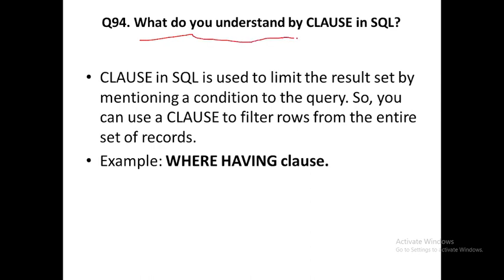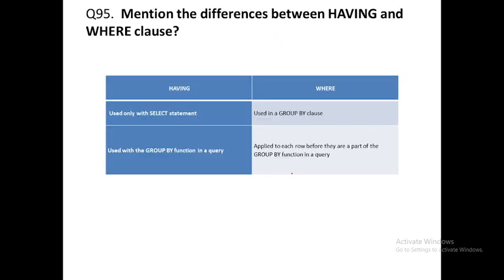What do you understand by a clause in SQL? A clause in SQL is used to limit the result set by mentioning a condition to the query, so you can use a clause to filter rows from the entire set of records. Examples are the where and having clauses.